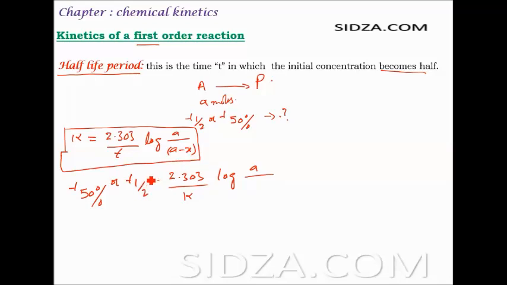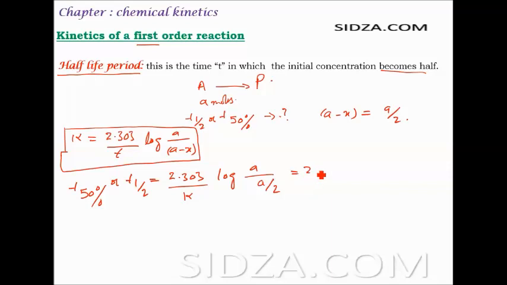So therefore, at T half, 50% of the reactants have been converted into products, therefore the amount left will be again A by 2, right? So now at T half, A minus X is actually equal to A by 2, correct?